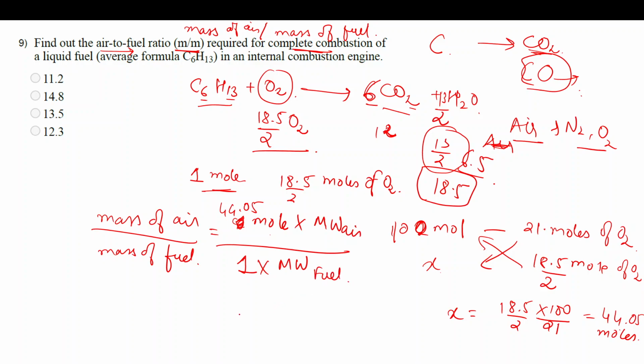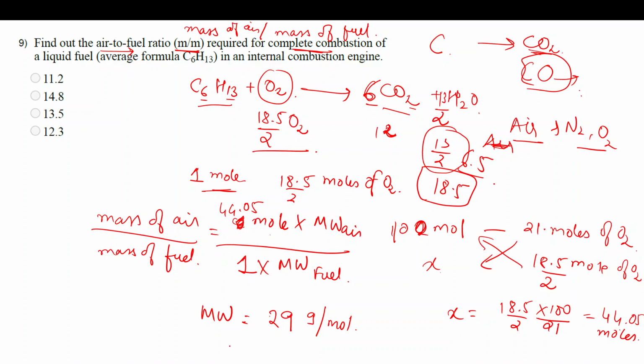Now what is the molecular weight of air? You can obviously calculate it, but it is 28 point something, so you can round it off and take 29 gram per mole.